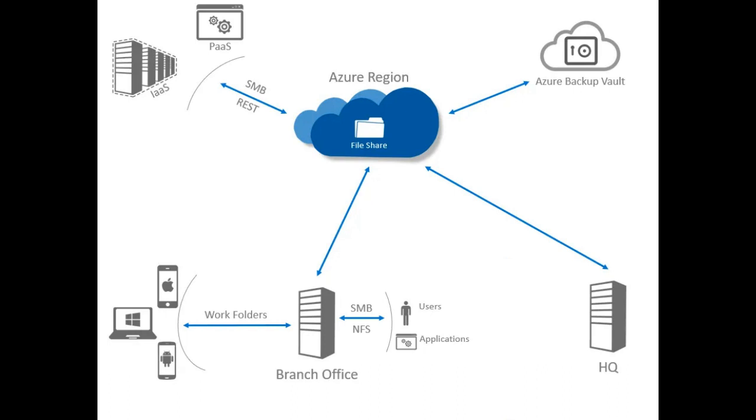So everything is working as expected, and we have full synchronization from our server in the branch office to Azure. What we're going to do next is simulate a disaster where we delete all files within our file share on our server in the branch office, and then we can attempt a restore of data.